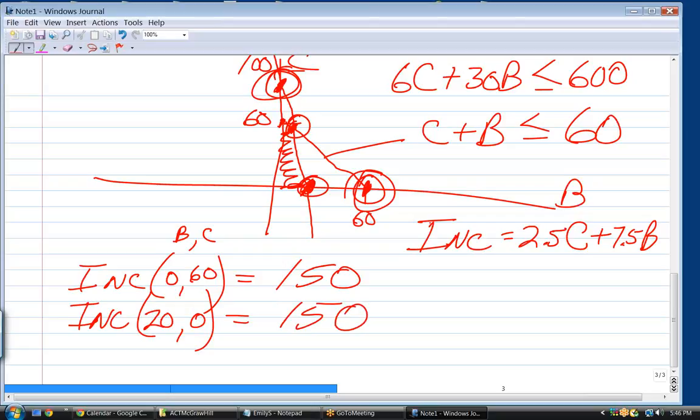So if I had 60 cars and no buses, I would have $150. If I had no cars and 20 buses, I would have $150. Now, those 2 points are right there. That's the 60 cars and no buses.